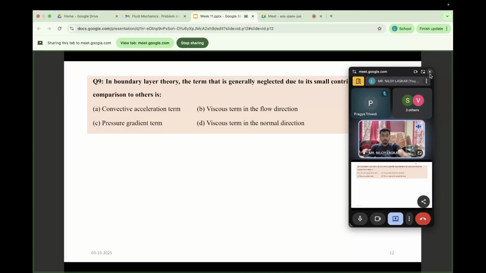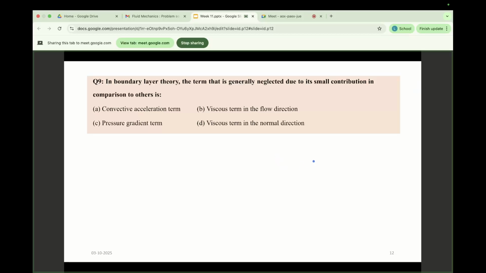Okay, I'm giving you this equation for your understanding. So the Navier-Stokes equation I am writing for your better understanding.